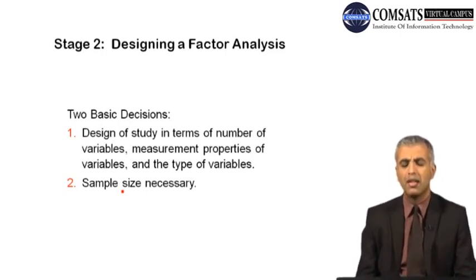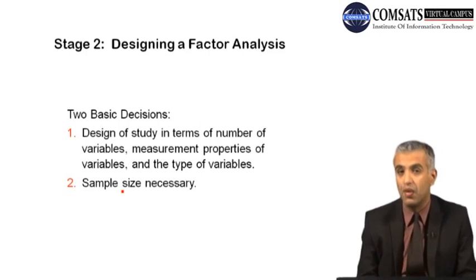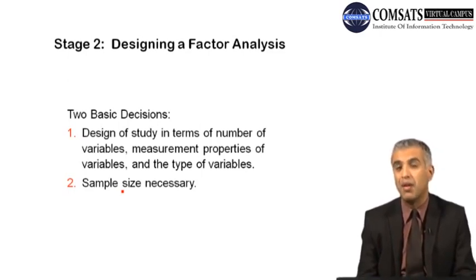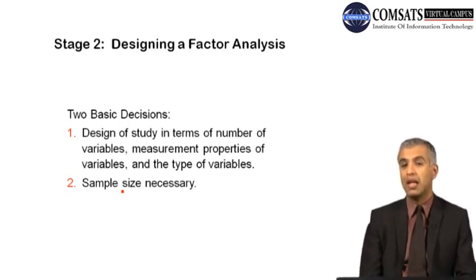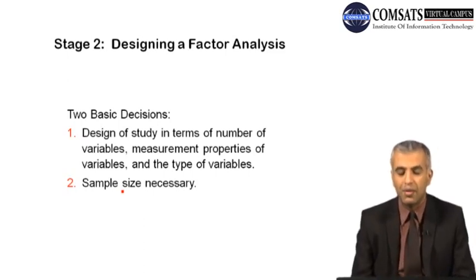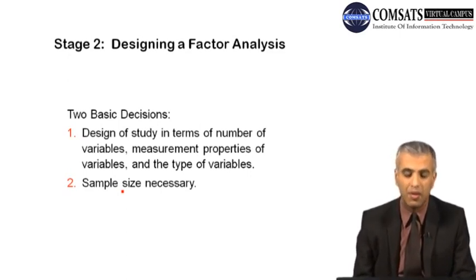Then comes the sample size necessary for factor analysis, because there is a certain limit. Below that limit, factor analysis will not be useful, and it would not be able to generate meaningful results. So at the very initial stage, we do have to see whether factor analysis is feasible or not.